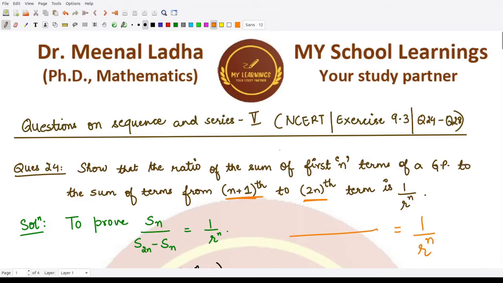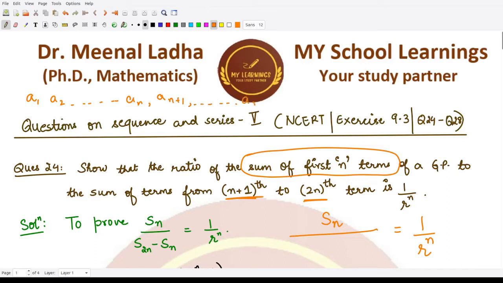Now, ratio of what? The ratio of the sum of the first n terms of GP, that is Sn, and the sum of terms from n plus 1 to 2n. So if your GP is a1, a2, and so on, we have an in between, an plus 1 in between, and so on up to a2n, correct? You already know what S2n is, the sum of all the terms, and you know what Sn is.